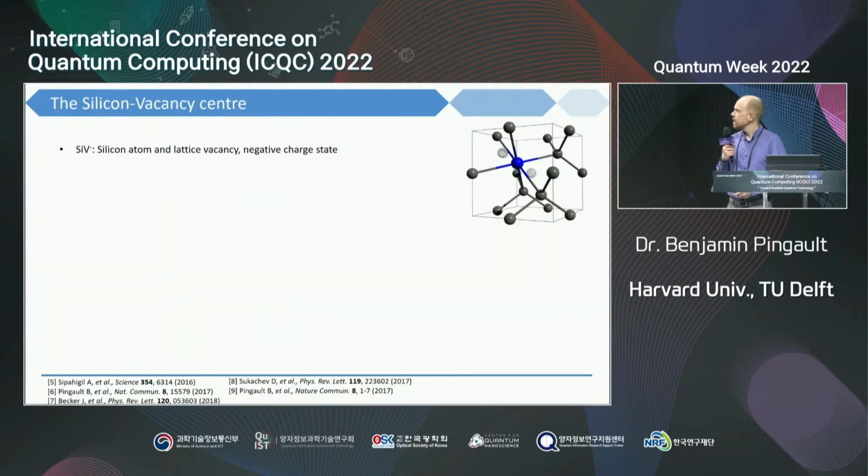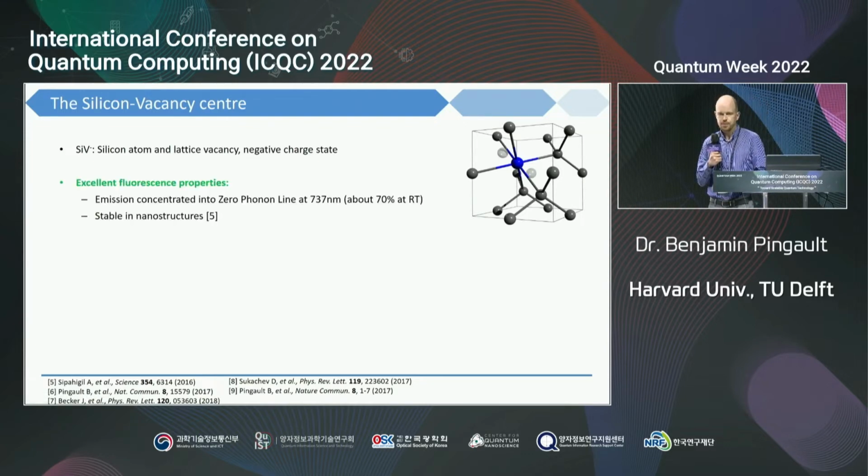This is where the silicon-vacancy center comes in. Also a color center in diamond, where you remove two neighboring carbon atoms and replace them with one silicon atom. We study the negative charge state of the system. From the fluorescence point of view, the SiV shines due to excellent fluorescence properties, unlike those of the NV.